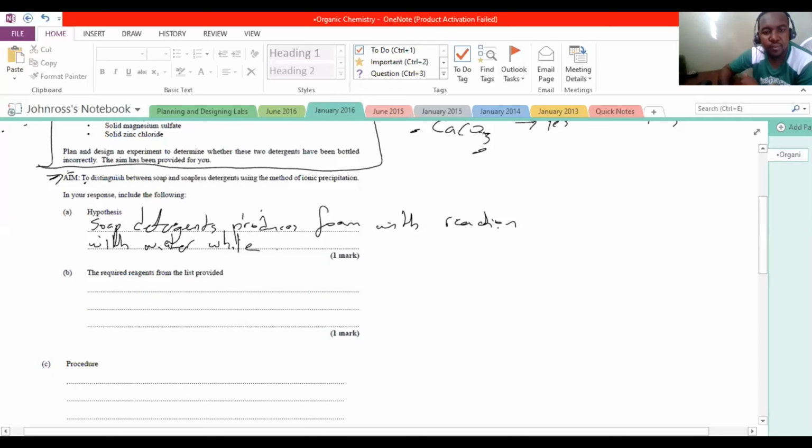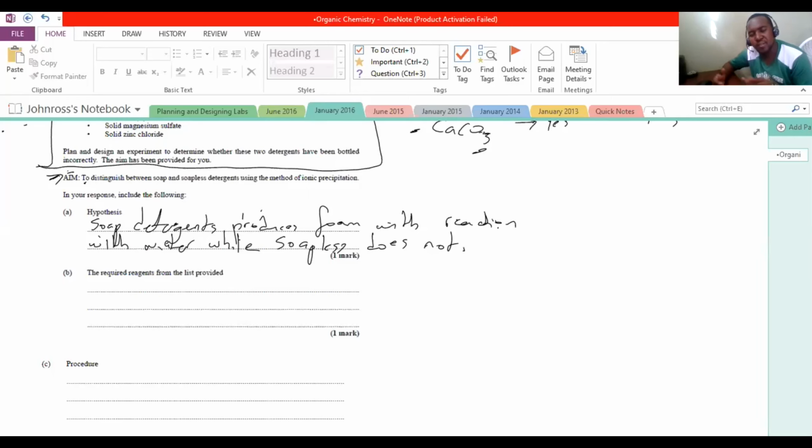While the soapless does not, right? Because the foam is your precipitate of your reaction. So this is a method of the precipitation. So we're just going to say that you're thinking that your soap detergent will produce the foam while your soapless detergents will not produce the foam when mixed with water.